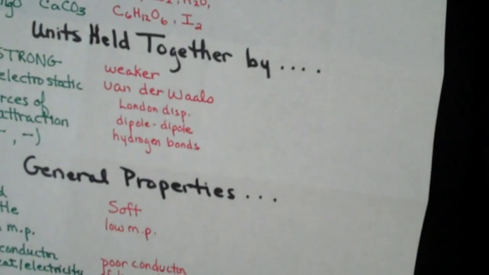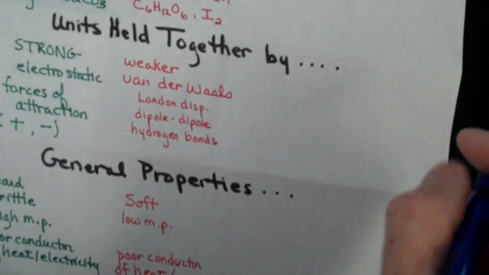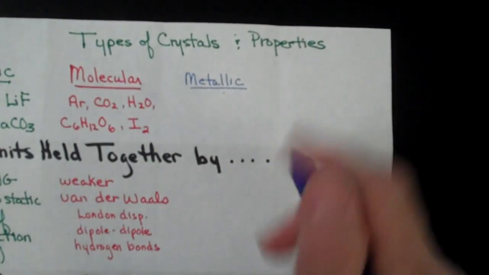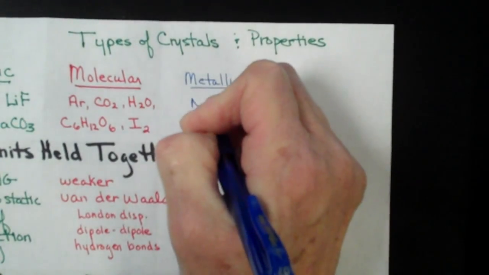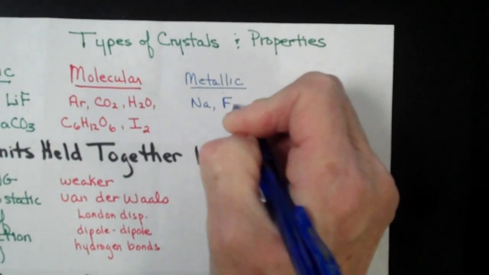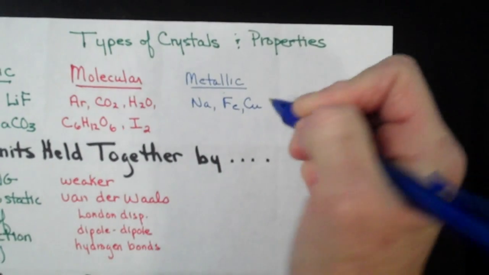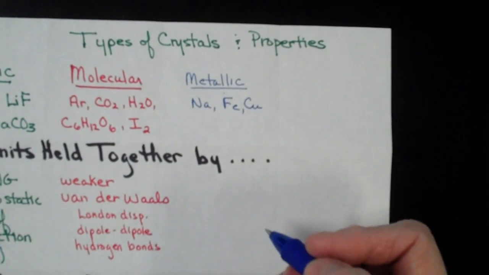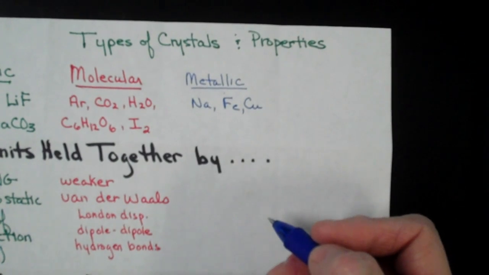So let's fill in our metallic crystal sheet here. Good examples of metallic crystals would be things like sodium, iron, and copper. And what would the forces be that holds them together?